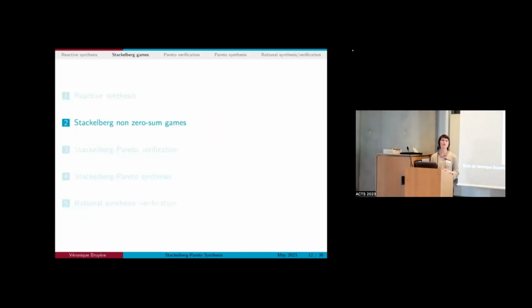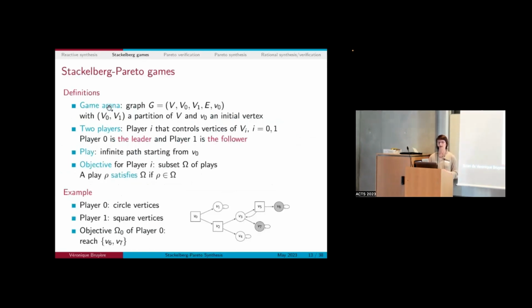So let me begin by fixing the notation, the terminology of Stackelberg non-zero-sum games. So as usual, we have a game arena, like in my example here. And the vertices are partitioned between the two players. Player 0 is the system.